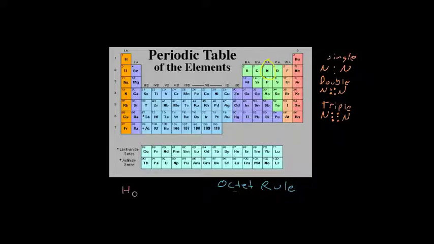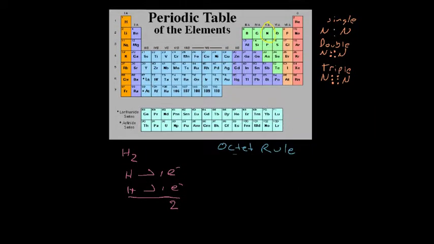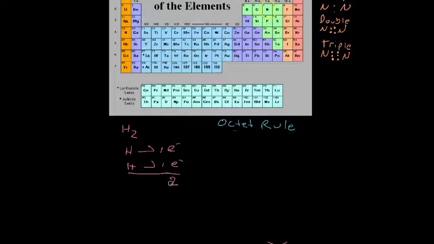So hydrogen in the diatomic form is going to have 1 valence electron for the one hydrogen and 1 for the second hydrogen. So it's going to have 2 total. Let me scroll down to make sure you can see this. 2 valence electrons total.